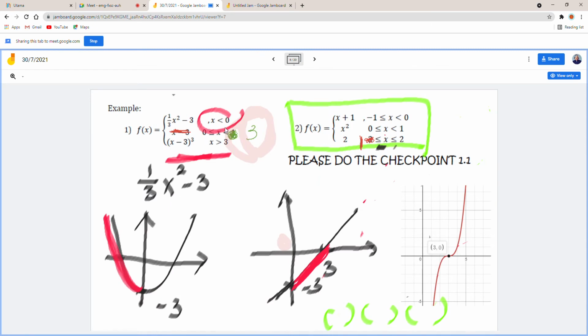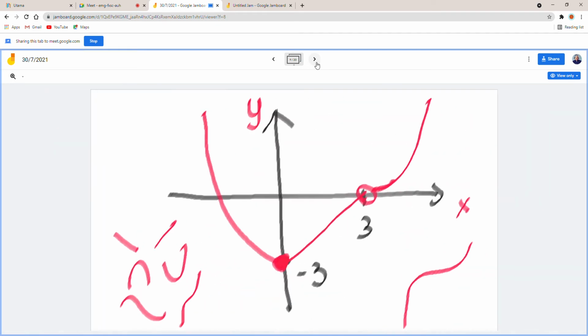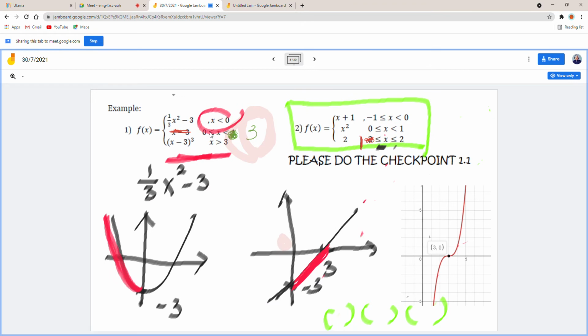White circle because of this symbol. And then the top part of the cubic graph. Get it? And this one's a continuous graph. Black circle because of what? The symbol over here. Can you see the symbol?